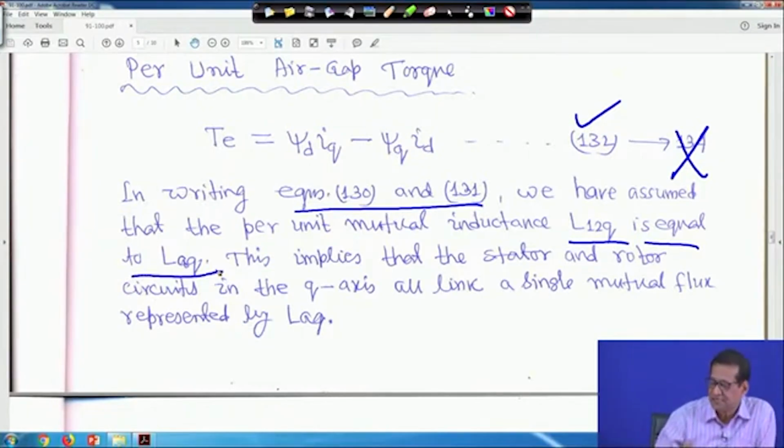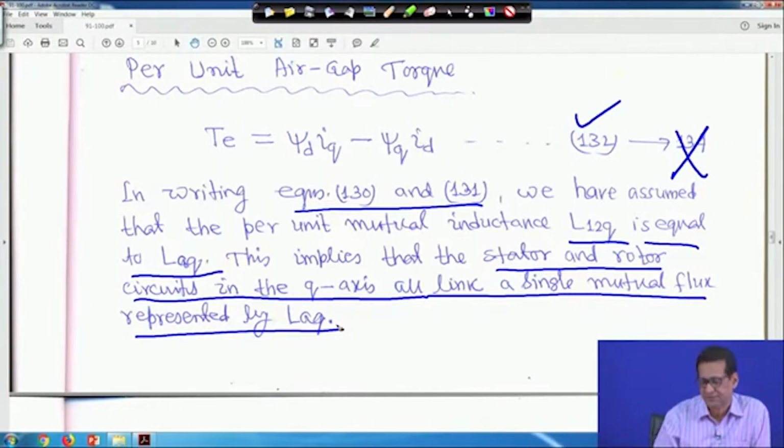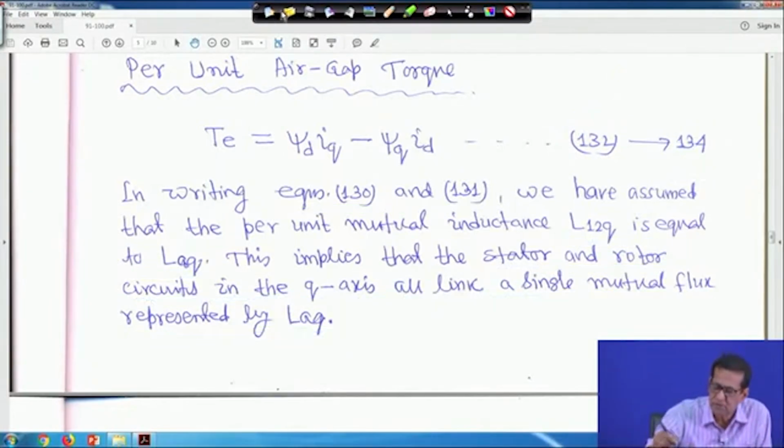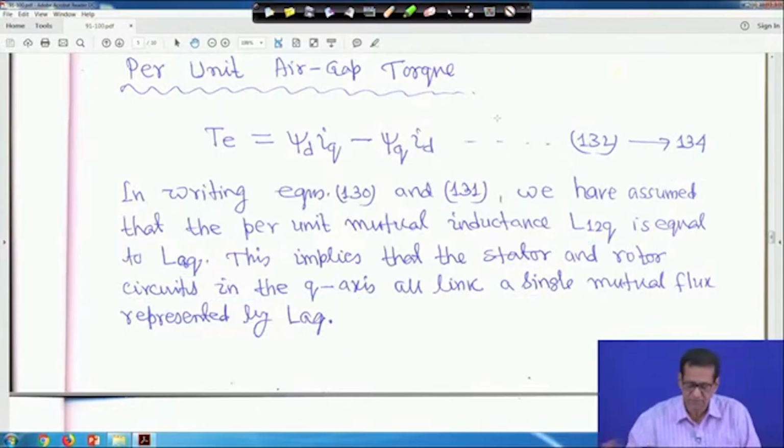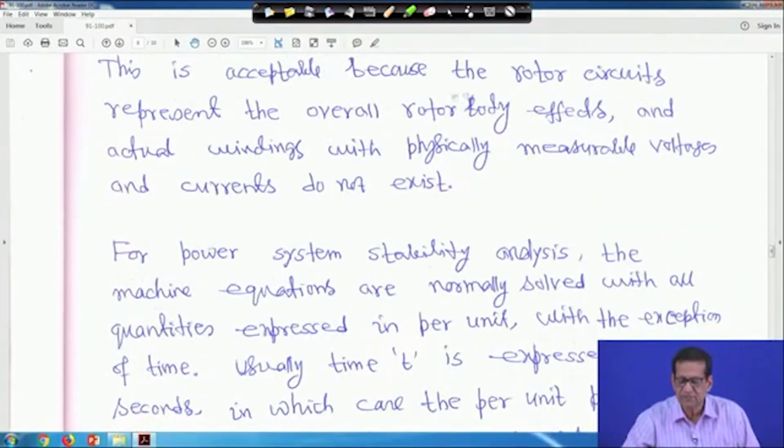This implies that the stator and rotor circuits in the q axis all link a single mutual flux represented by LAQ, right. This is acceptable because the rotor circuit represents the overall rotor body effects, and actual windings with physically measurable voltage and currents do not exist.